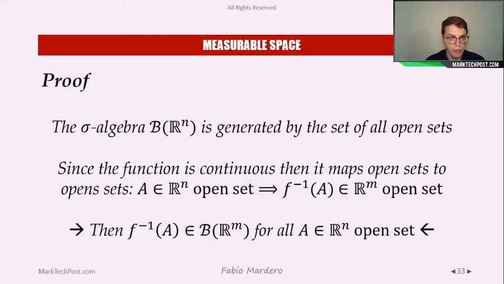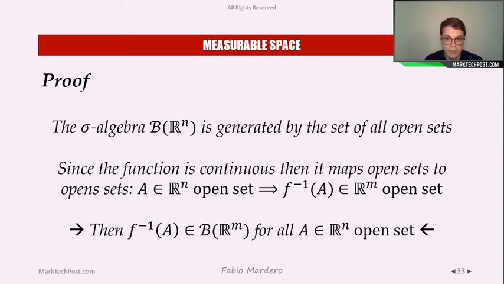Here is the proof. The sigma algebra, as I previously mentioned, could be generated by the set of all open sets. So the sigma algebra is a collection of all open sets. Since the function is continuous, then it maps open sets to open sets.